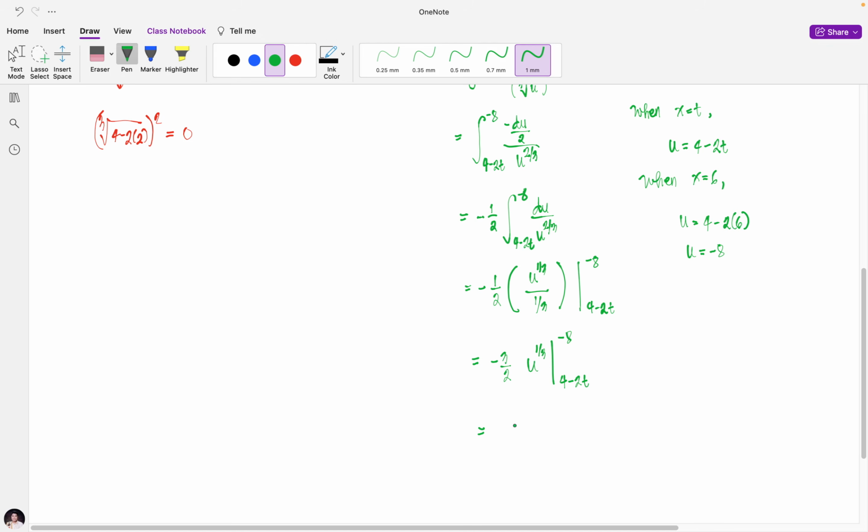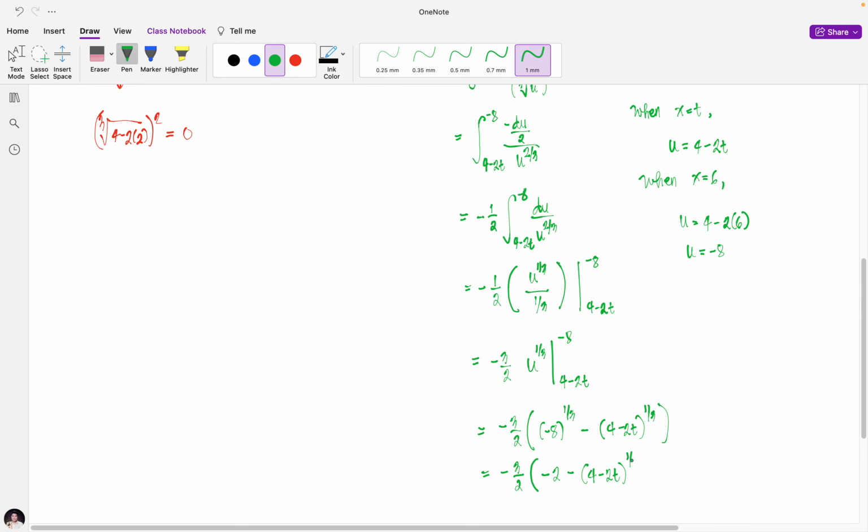That means we have negative 3/2 times negative 8 raised to 1/3 minus 4 minus 2t raised to 1/3. Negative 8 raised to 1/3 is just the cube root of negative 8, which is negative 2. So we have negative 3/2 times negative 2 minus the cube root of 4 minus 2t.